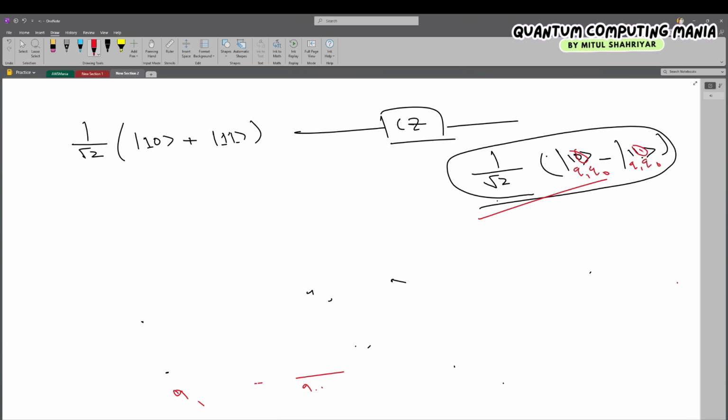So if we just pass the whole thing through the Hadamard gate, what we are going to get is, let me just write it down, 1 by root 2, no problem. We had 1, this 1, no problem, and this 0 turns to plus, right?